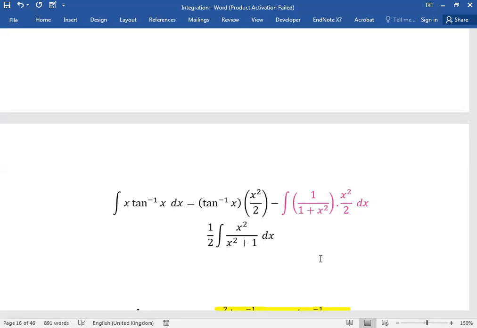Does anyone have any suggestions on how we should go about integrating this? By substitution? Sorry, by substitution it will become very lengthy. Doable. Again, I told you in A levels, the question always provides us with the substitution. If it's not provided, we don't do it ourselves, it gets messy. We can, but it will get messy.